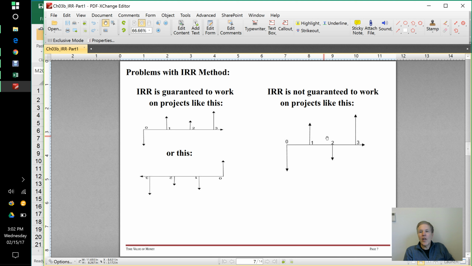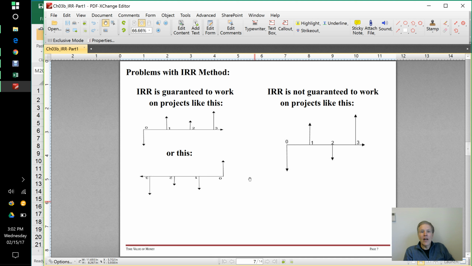Stage one gives you some cash flow, but then you have to invest more later for phase two, and then you get more cash flow after phase one and two are complete. So sadly, this does not work well, not guaranteed to give us the right answer or possibly any answer in cases like this. So in general, for real estate sponsors, we will be using a different discounted cash flow method, not the IRR.